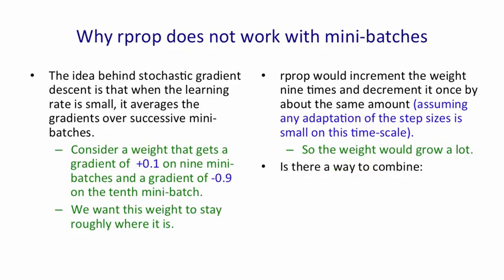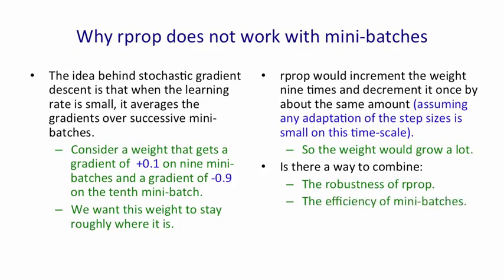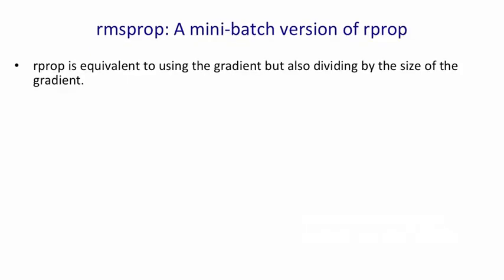So the question is, can we combine the robustness that you get from Rprop by just using the sign of the gradient, the efficiency that you get from mini batches, and this averaging of gradients over mini batches, which is what allows mini batches to combine gradients in the right way? That leads to a method which I'm calling Rmsprop, and you can consider it to be a mini batch version of Rprop.